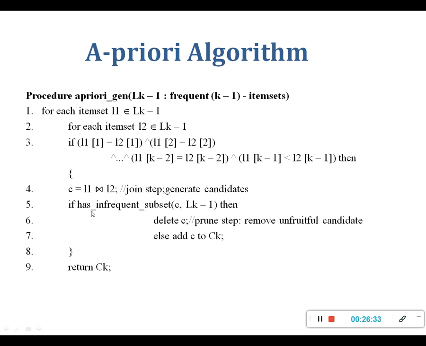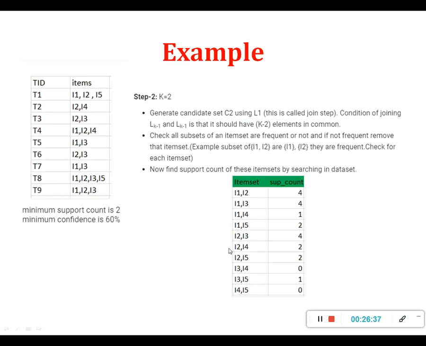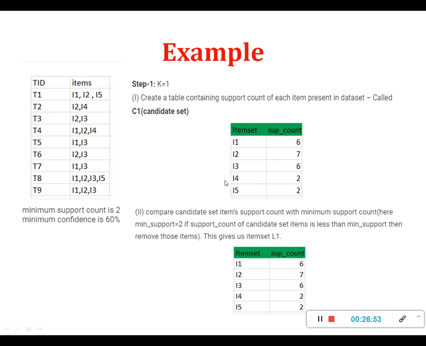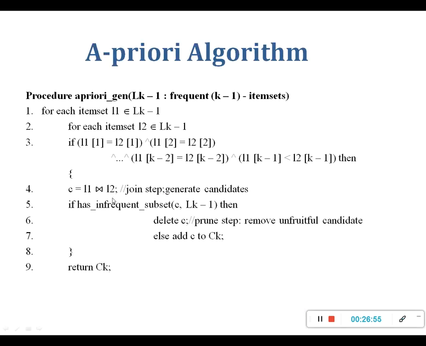Whenever we are doing the join step, the condition of joining is that we join Lk minus 1 with Lk minus 1, and they should have at least k minus 2 elements in common.